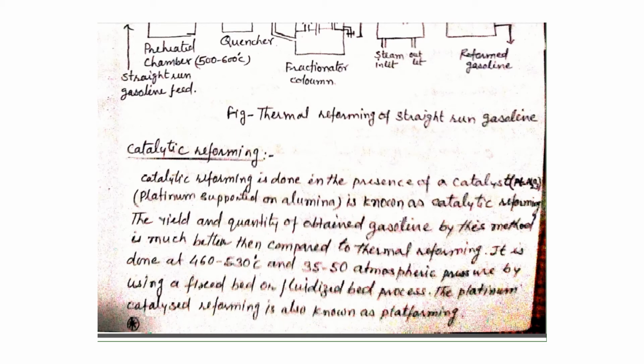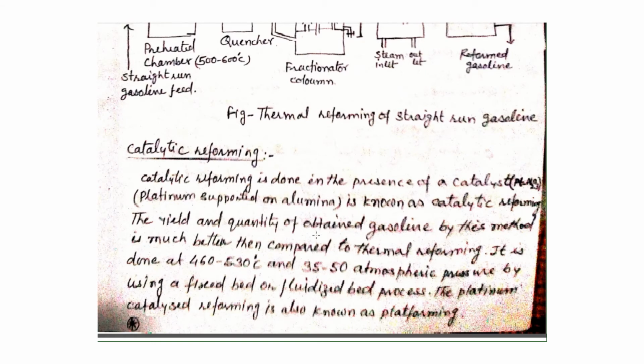That's why this is known as platforming. Sometimes the examiner gives another name, such as write a short note on platforming. Students must not be confused: he is asking about catalytic reforming, because the word platforming is used due to the presence of platinum.